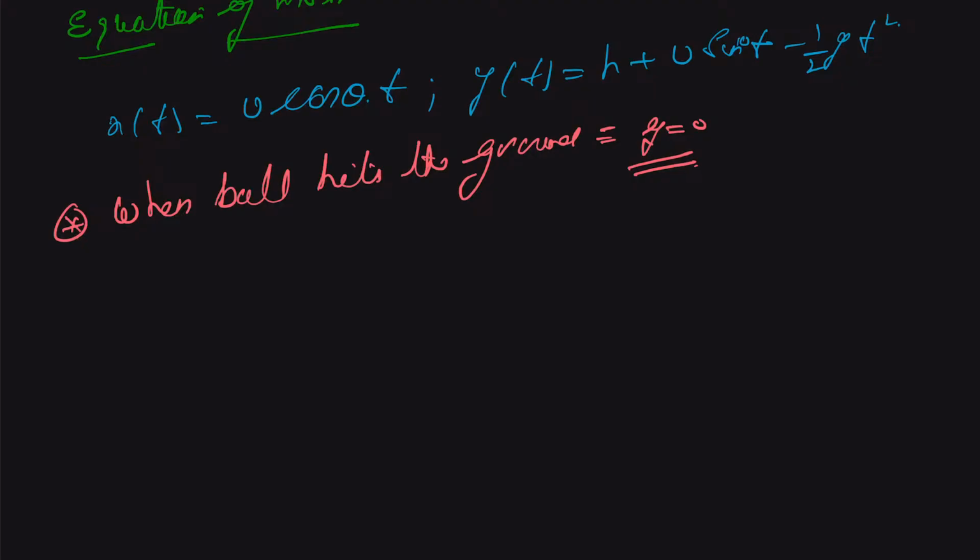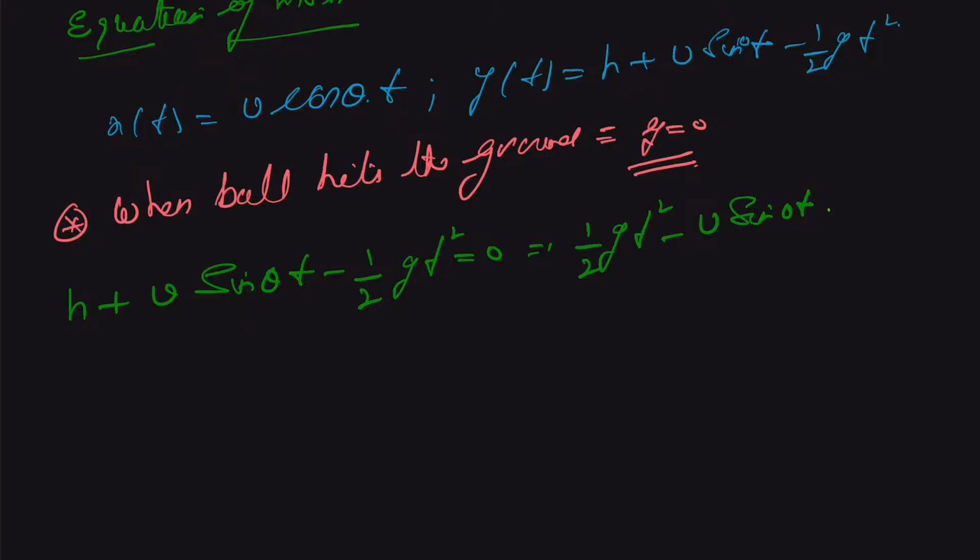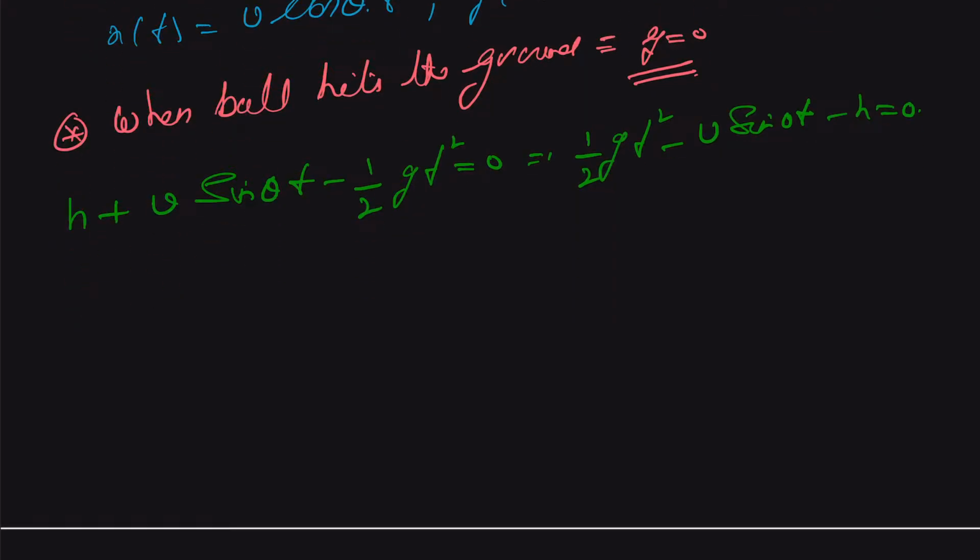Therefore, we can write h plus v sine theta times t minus half g t square is equal to 0. We can rearrange it in quadratic form for t: half g t square minus v sine theta t minus h is equal to 0. This is quadratic, and from here we can find the value of t.